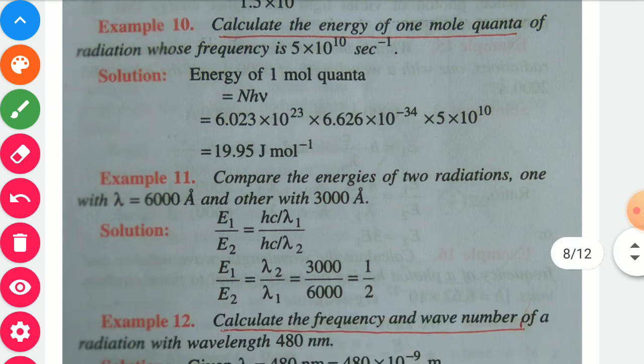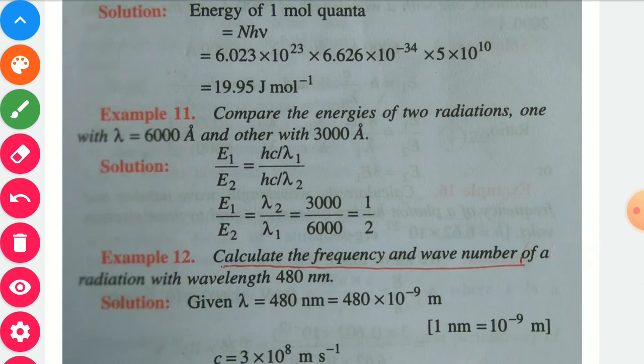Next question: calculate the frequency and wave number of a radiation with wavelength 480 nanometer. So here we have to calculate two things, frequency and wave number, and wavelength lambda is given.